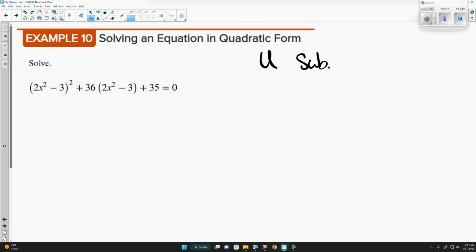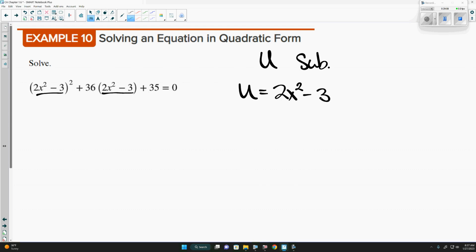For those that had me in algebra or in trig last semester, we've used this. And what U substitution does is we take U and set it equal to a certain expression. Here, we're going to use U as 2x squared minus 3.